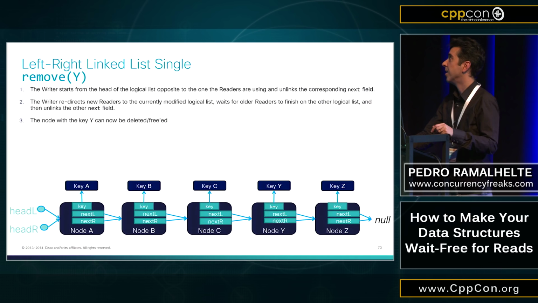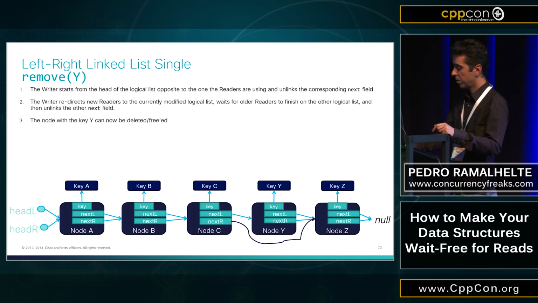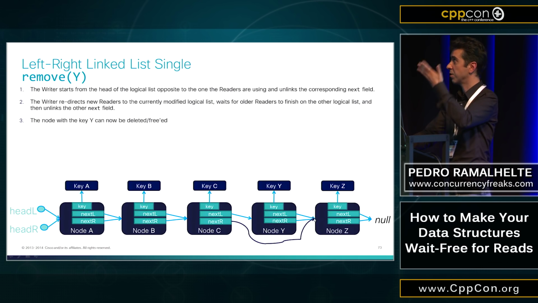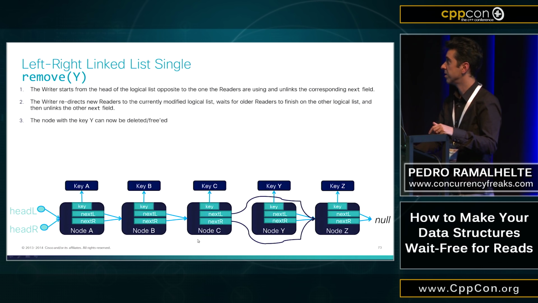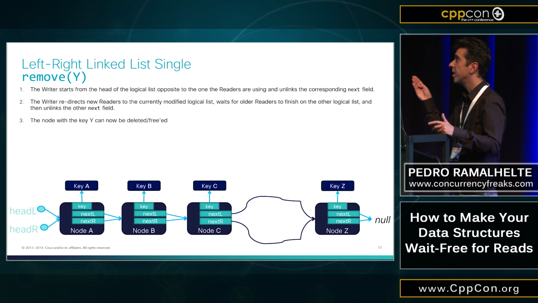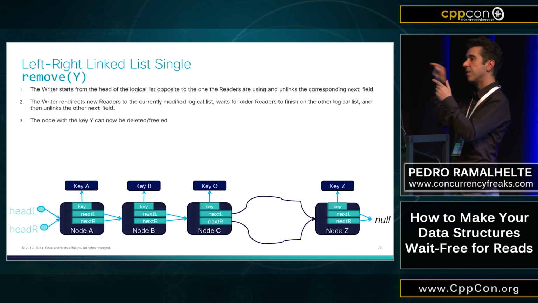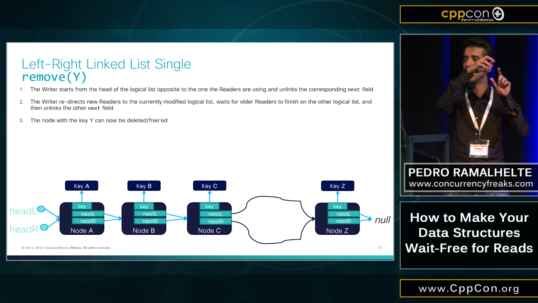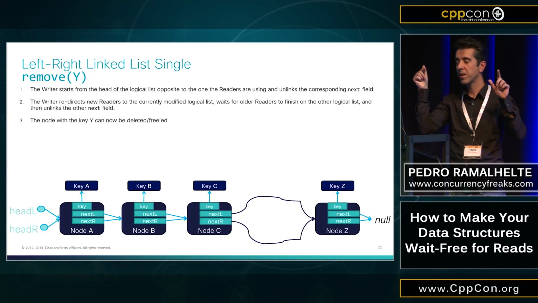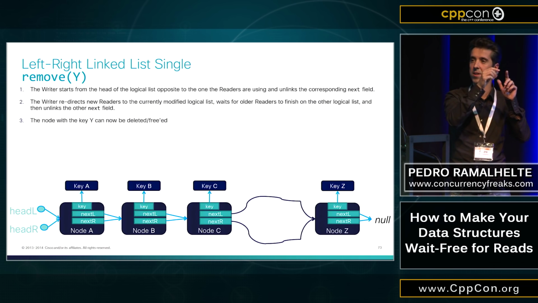Well then, you would go over here, unlink this one, wait for the readers to toggle to the new one, so that they would see the modification below. Then you do the other modification, and then you could safely remove the node. So this way, you don't have to start from the beginning of the linked list, search for the node, remove it, go back to the beginning, wait for the readers, and then find the node again.